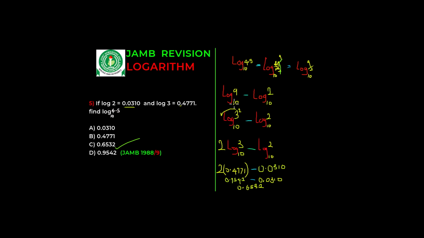We didn't have 9 to substitute, so we wrote 9 as 3 squared. The power of 2 came down, we substituted the values of log 3 and log 2, multiplied and then subtracted, and we had our answer 0.6532.